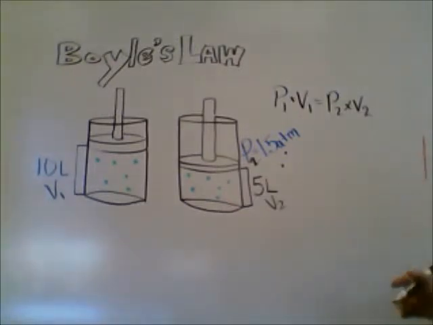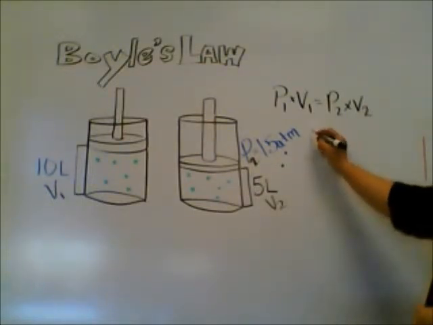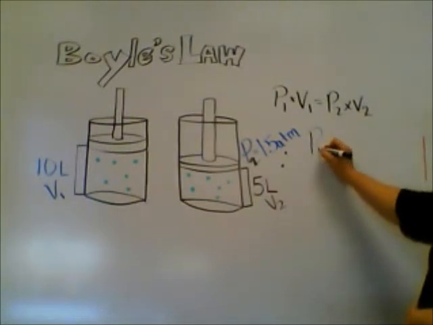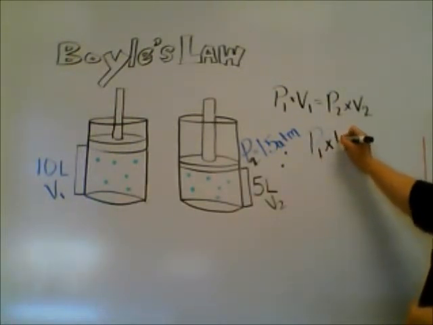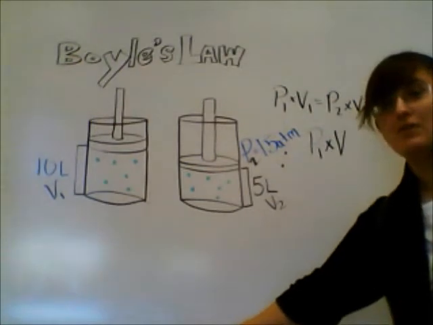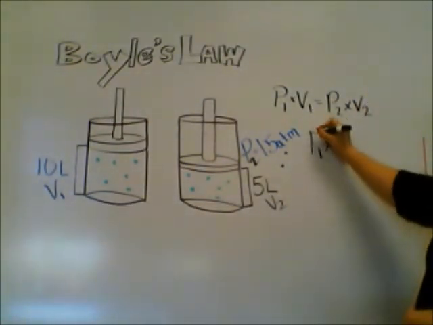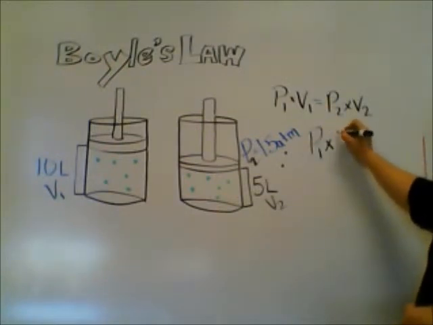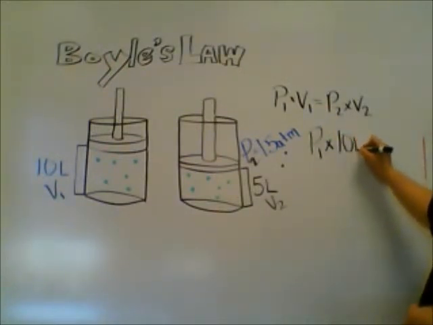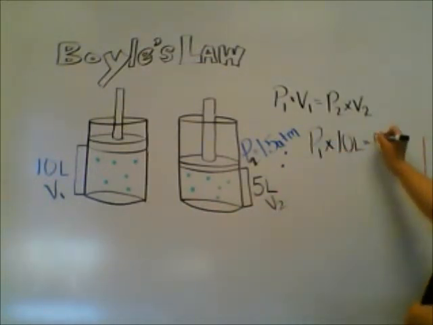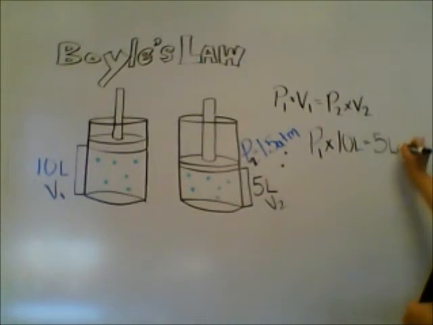So to solve this, what we would do is we would take P1, which we don't know yet, so we'd leave it as P1, times V1, which we know what V1 is. So instead of putting the variable, we're going to put 10 liters is equal to, and now we know that this one is 5 liters times 1.5 ATM.